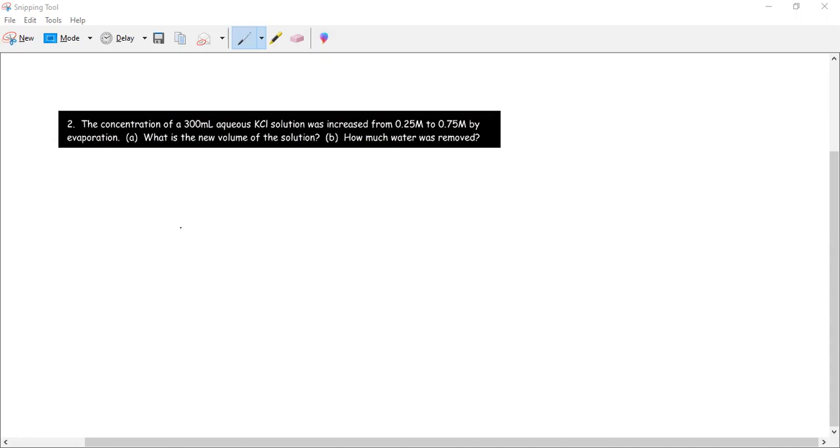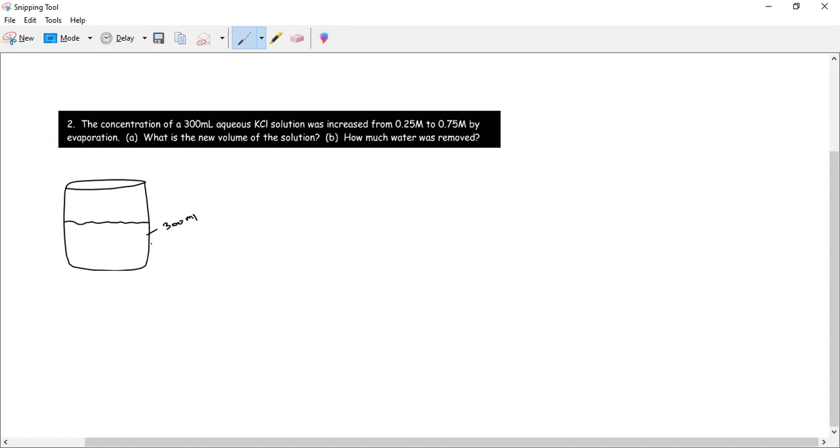So the idea here is really, again, to draw a picture and say, okay, we have a container, and this container holds 300 milliliters.